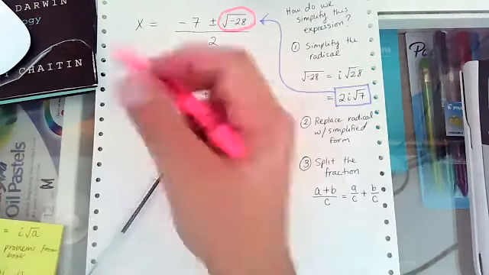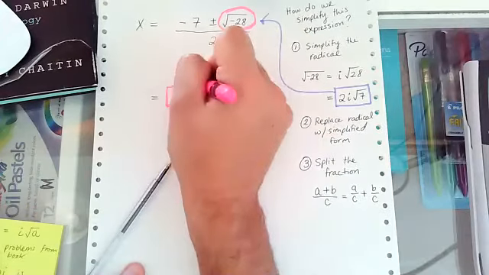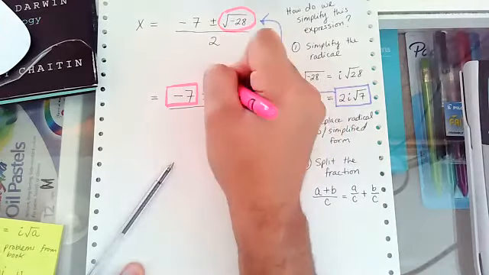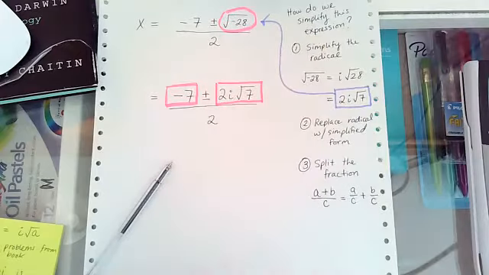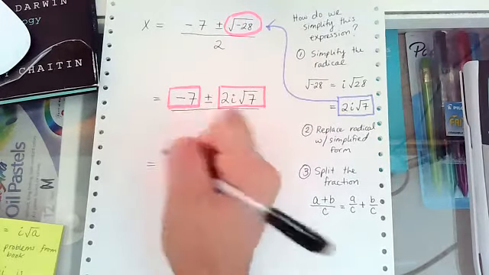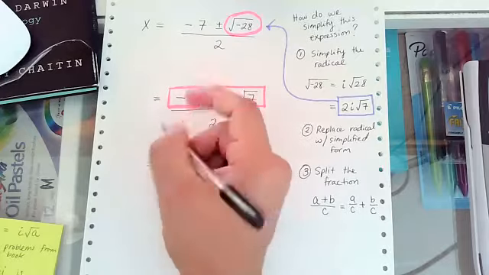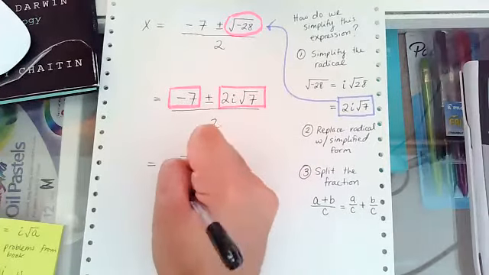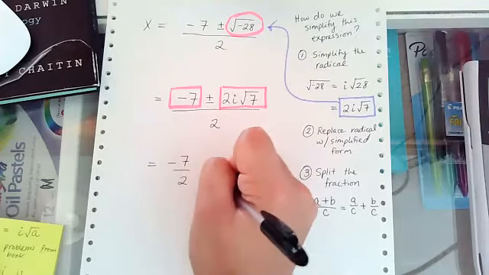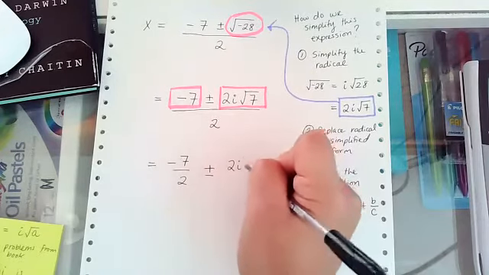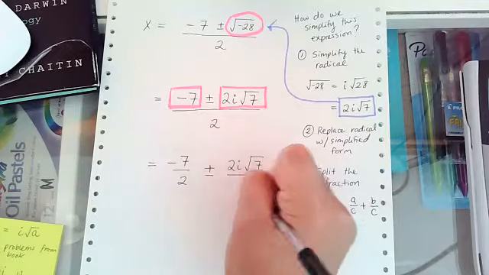So really, you're thinking about it like this. I have this -7, and I have plus or minus 2i root 7. They're both over this common denominator. So I'm going to split this up into -7 over 2 plus or minus 2i root 7 over 2.